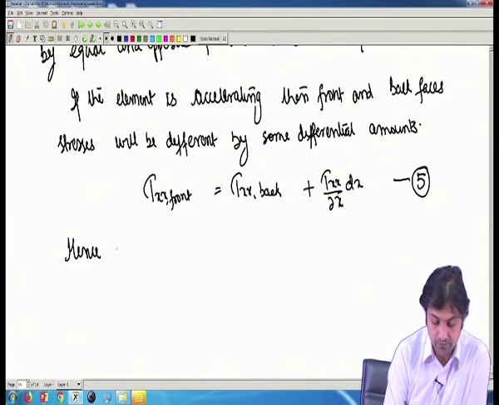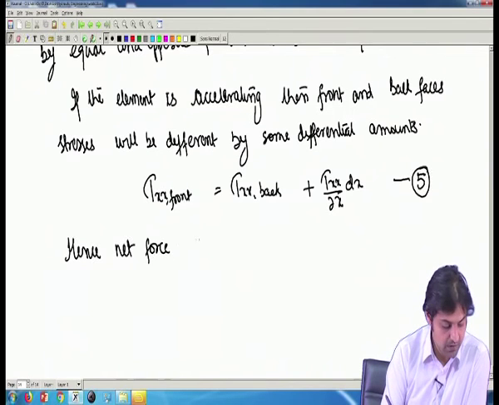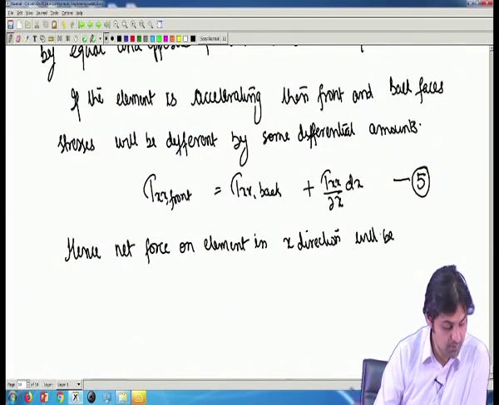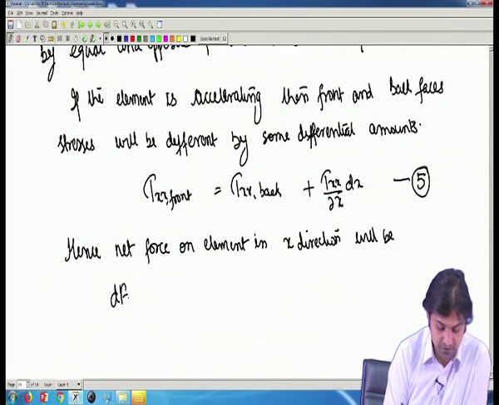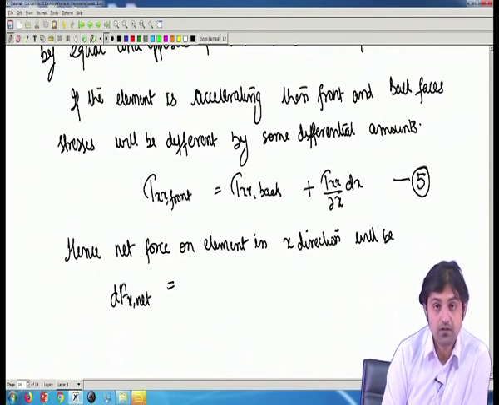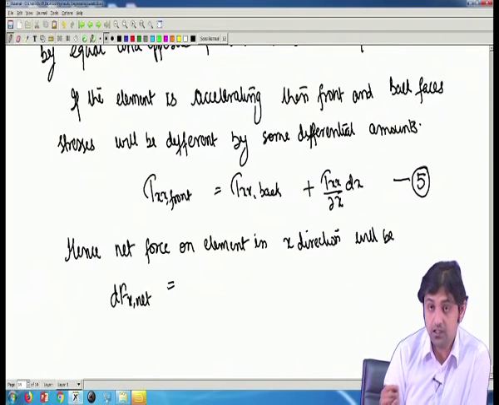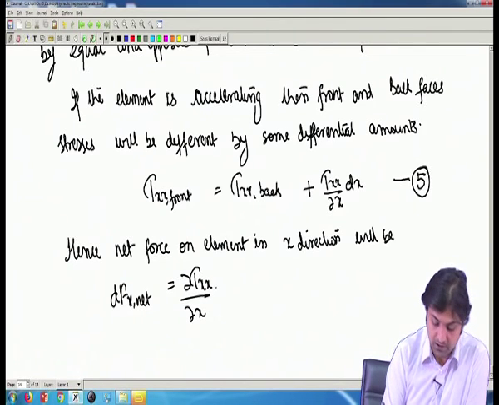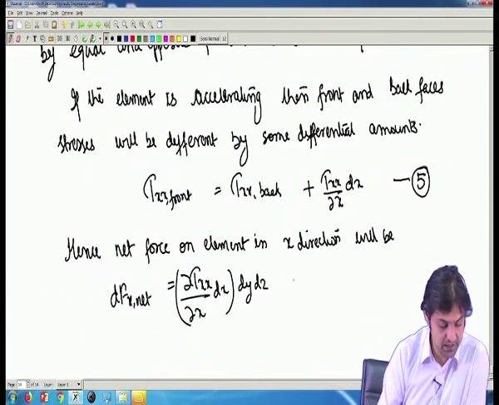Hence, the net force on the element in the x direction, dfx net, will be the differential, right? So that is going to be del tau xx by del x into dx, this differential stress, multiplied by dy dz.